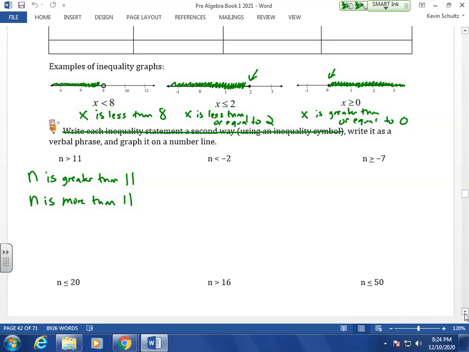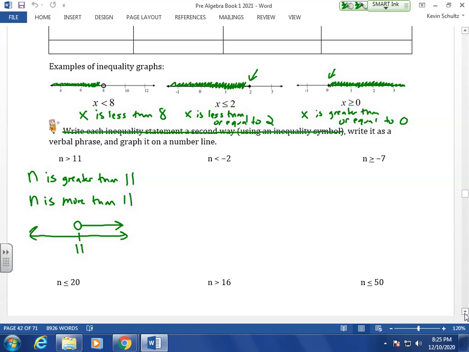One is just fine. But then your graph, you're going to make a number line. You're going to identify 11. We can just put it in the middle, okay? And then being the greater than symbol, it's going to be an open circle because 11 is not included. And the values greater than 11 are to the right. Okay.